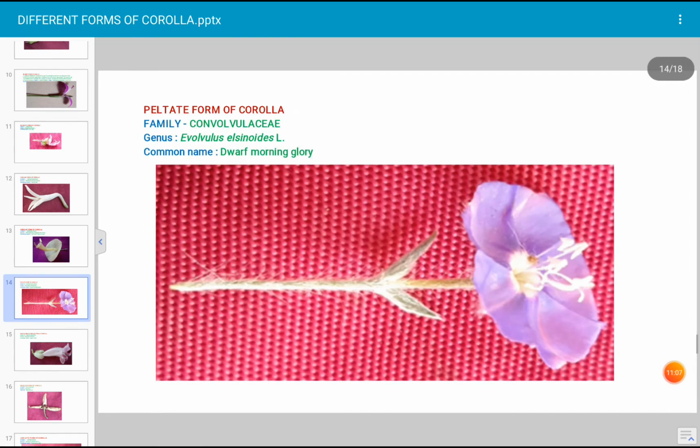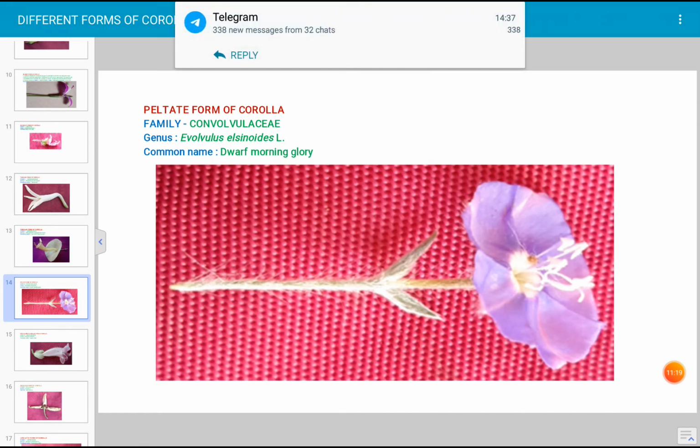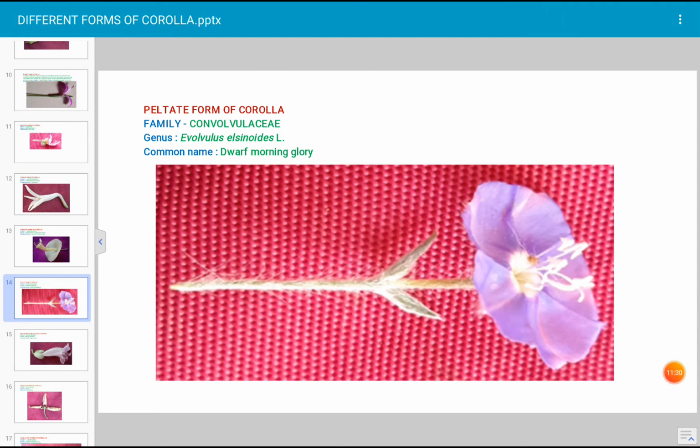Next, peltate form of corolla. This corolla is like a disc, or peltate form of corolla, and the plant which is showing the peltate form of corolla, its botanical name is Evolvulus alsinoides, and its common name is dwarf morning glory.